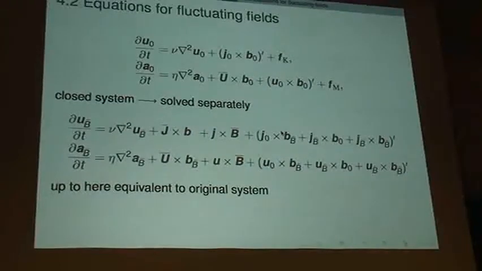But usually, one would expect that the solutions of this system have a transient process, and then they get stationary because there is an inhomogeneity. And if the inhomogeneity B and J and U is statistically stationary, one would expect that the solutions are statistically stationary too.